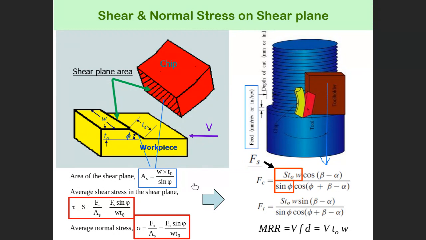In the shear area, we have the shear force.